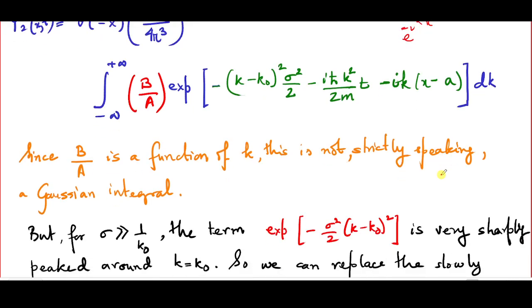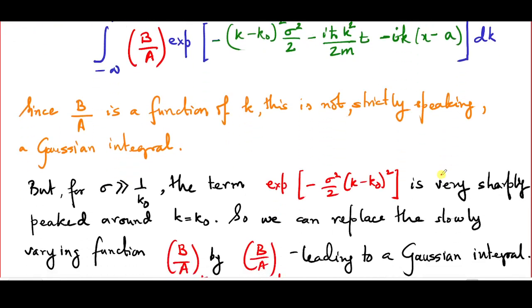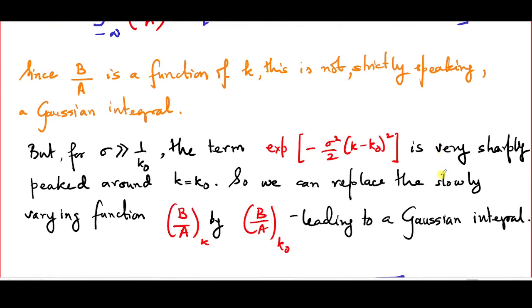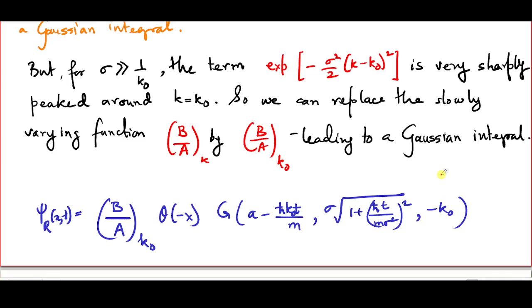So given that, what we can do is simply replace b by a, which is a function of k, by b by a at k0, and after that the integral is very easy to calculate. Things will go almost in the same manner. It will turn out to be b over a at k0, theta minus x, times G, a normalized Gaussian wave packet, whose center is at A minus h cross k0 t by m.